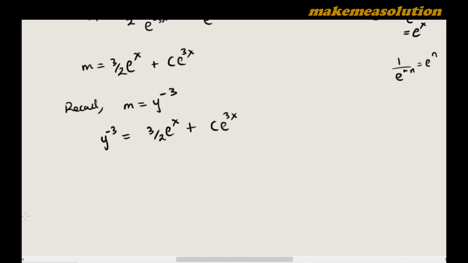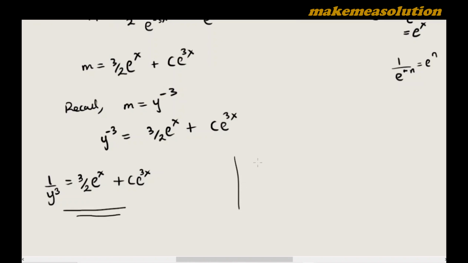So if you want to modify this, you can say two ways. Someone can say 1 over y cubed is equal to 3 over 2 exponential x plus c exponential 3x. Okay, so someone can leave his answer like this.